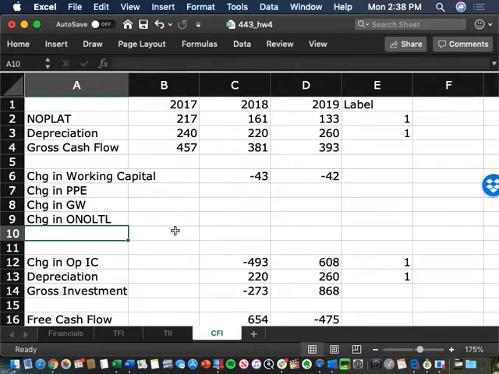There's an acronym. And that is going to be my gross investment. But here's the thing. Change in PP&E is not the actual cash flow. The actual cash flow is called capital expenditures, or CapEx for short. So it's my CapEx. Okay?